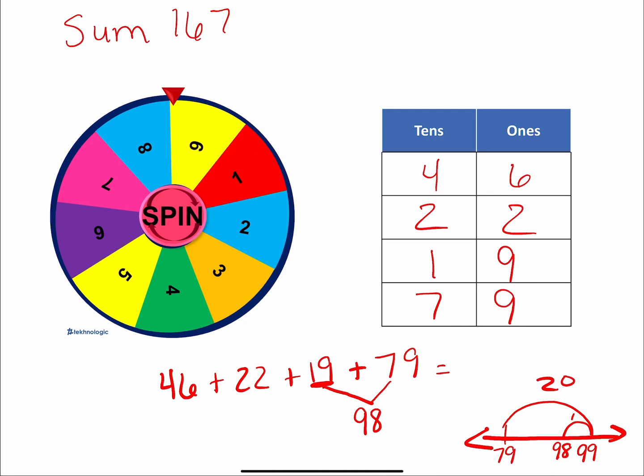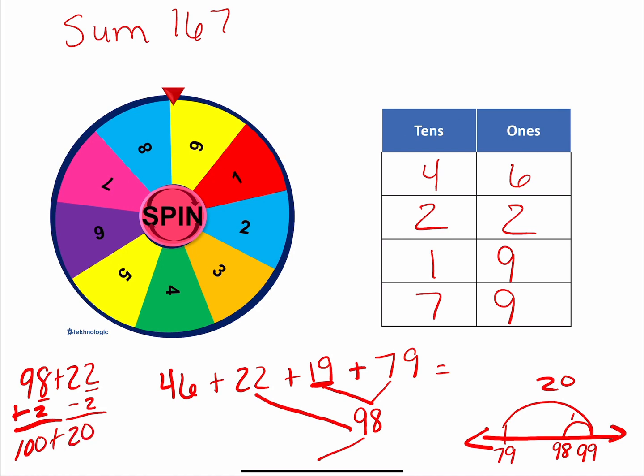Then, once I did that, then I added 98 and 22. And I did that because I noticed that 98 and 22, that this 2 and 8, I can make another 10. So if I took 2 from here and gave it to here, now I have this 100 plus 20, which is a really nice 100 plus 20.